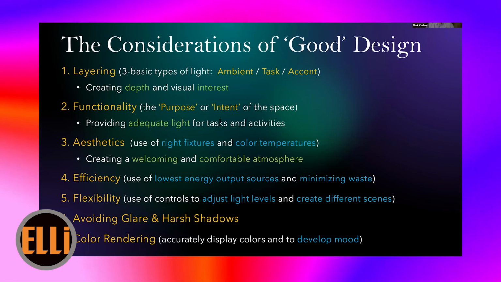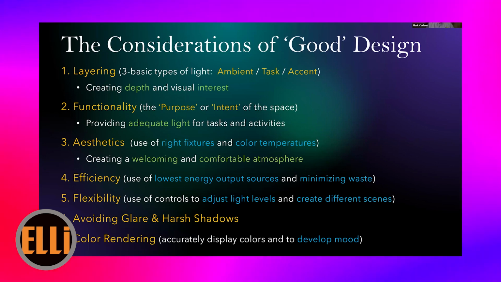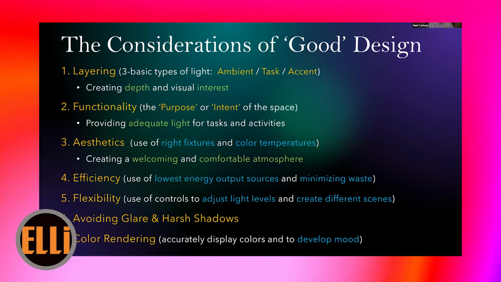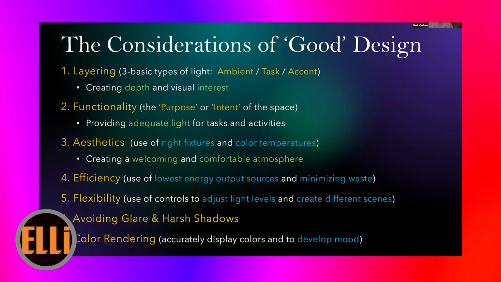Aesthetics. It's the use of the right fixtures and color temperatures. When I say right fixtures, that means the fixtures that are going to apply the basic lighting application that you need. Is it a broader wash of light? Is it pinpointed, focused in? So you have to know the light fixtures and their output, how the pattern of light comes out of it, so that you can apply that properly.